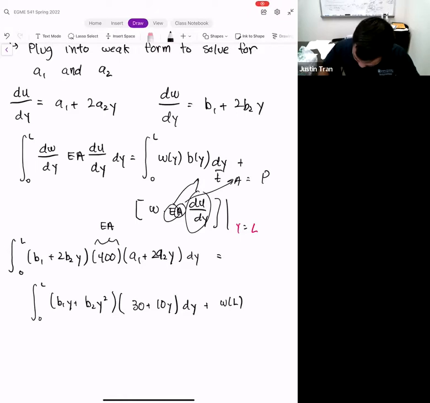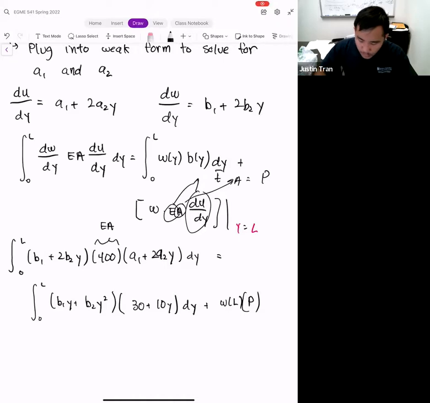Let me just double check that real quick. Yeah, okay. And so P here has a value of 100, and so that's where it goes right there.